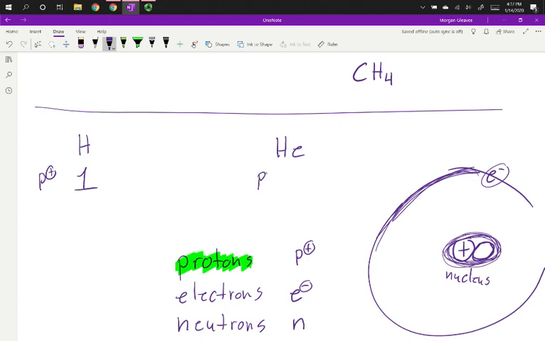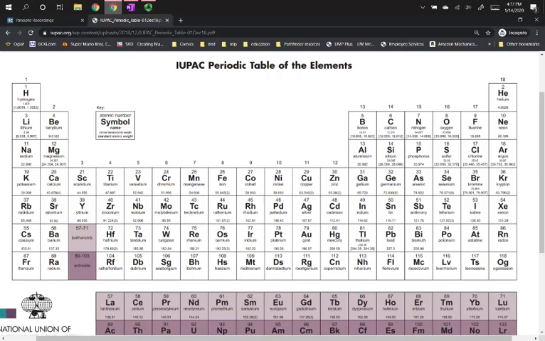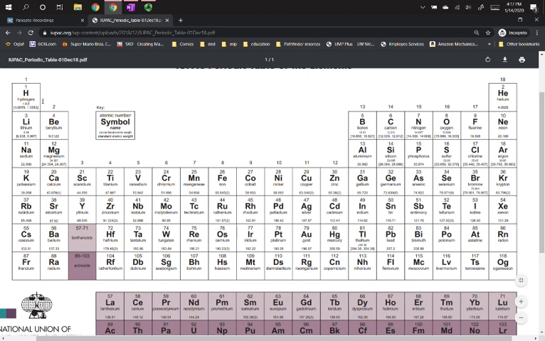Helium's number of protons is 2. Go back and look at the periodic table real quick. Hydrogen is the first element because it has 1 proton. Helium is the second element because it has 2 protons. If anything ever changed the number of protons, they would be a different atom.